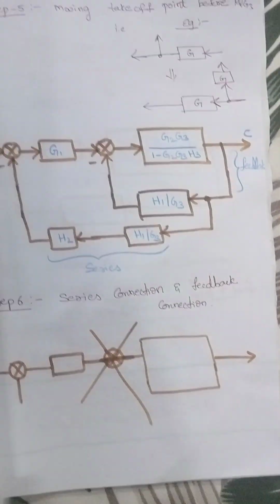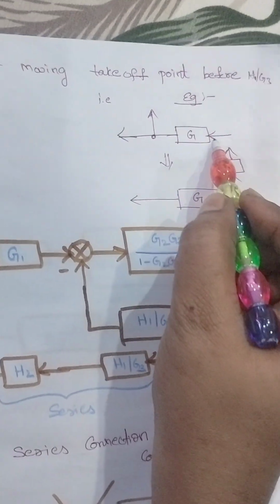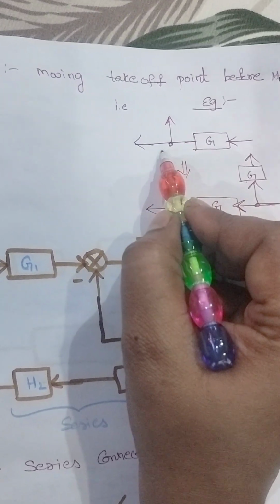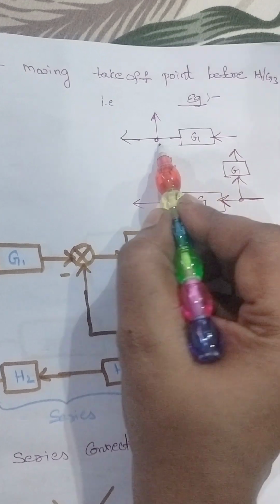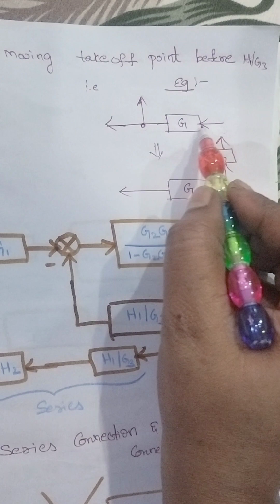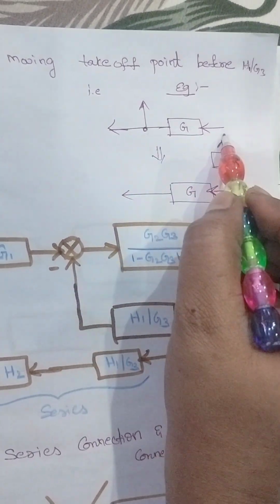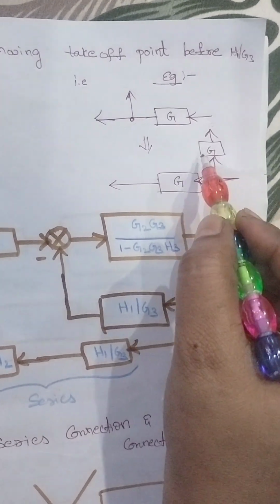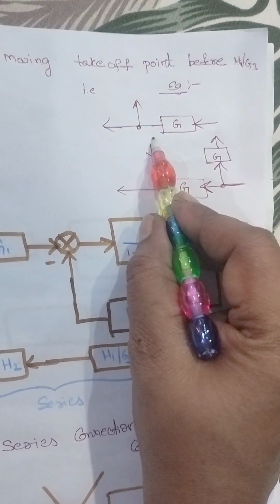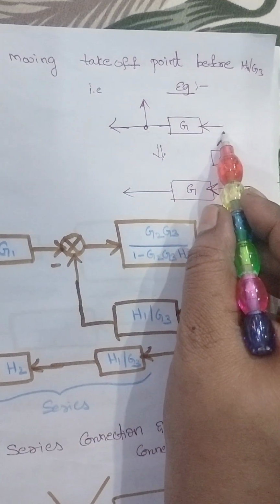If suppose a block is there, input is here, takeoff point is here, 2 branches are there, then if you shift this position to here, that means here is a reverse path. Likewise, before we are moving the takeoff point, here is a takeoff point with the gain, the same gain. So it looks like a movement of the takeoff point to before the block.